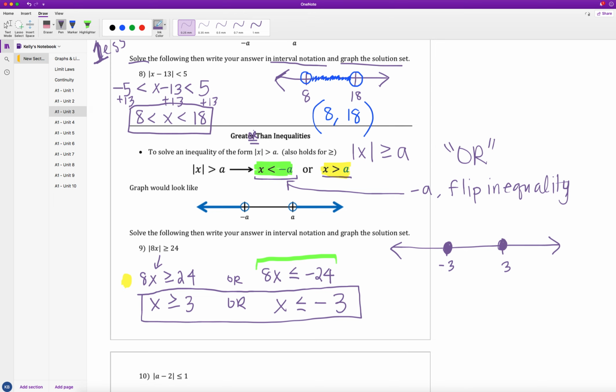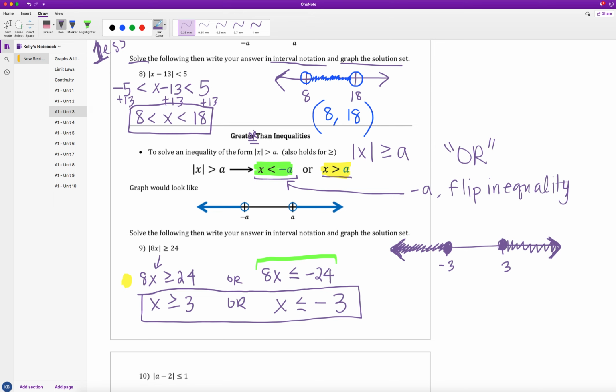And our shading for this, I'll do them one at a time. So for the first part of x greater than or equal to 3, that means I want to shade to the right of positive 3 because I'm greater than it. For the second one that says x less than or equal to negative 3, means I want to shade to the left of negative 3 because I'm everything that is less than it. There is our graph of our solution set.